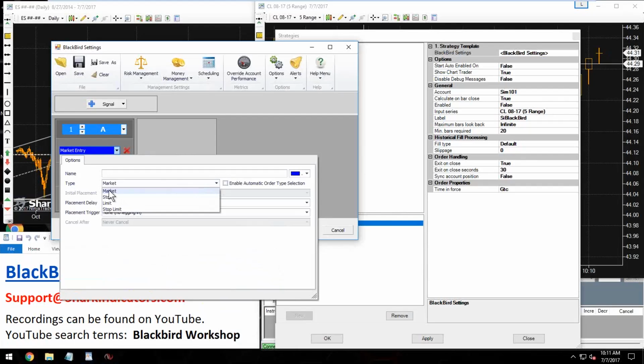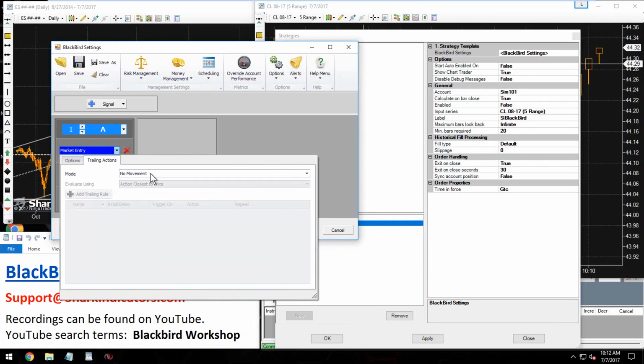Of course, you can't trail a market order that gets filled instantly, but say you're using a limit order, and the market takes off without you. Well, if you're so inclined, you could build some trailing rules that will move your limit order to have your limit order kind of trail price as price keeps moving in the direction that you're trying to go.